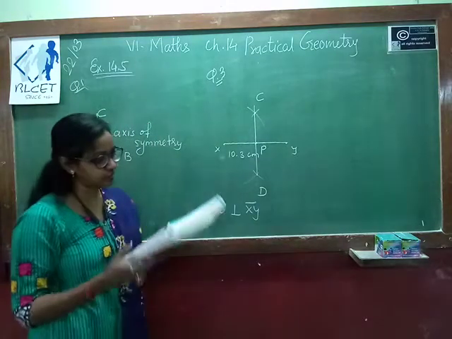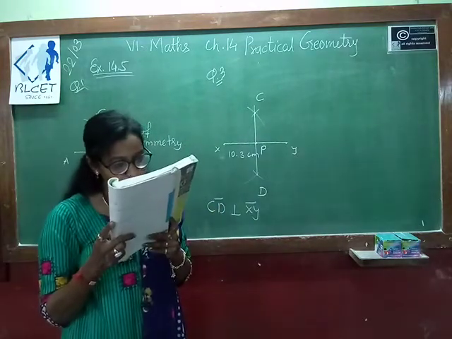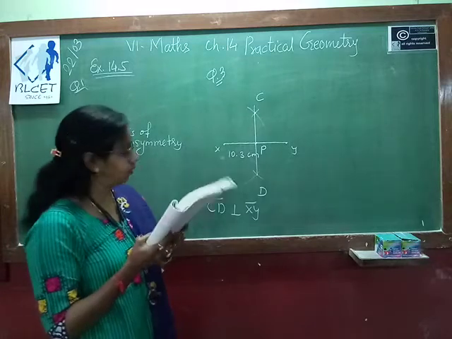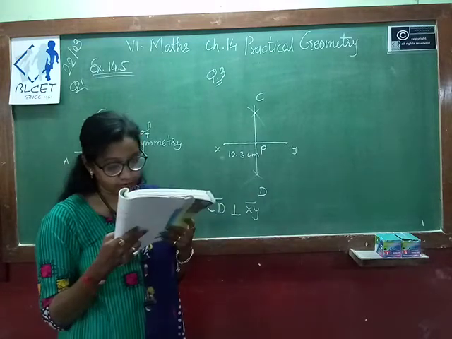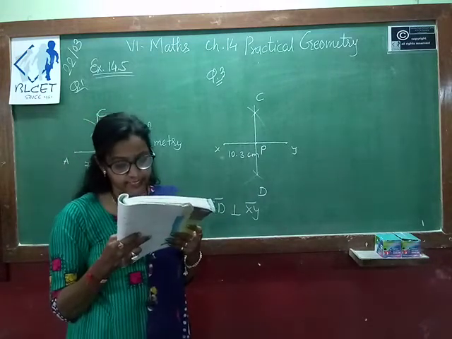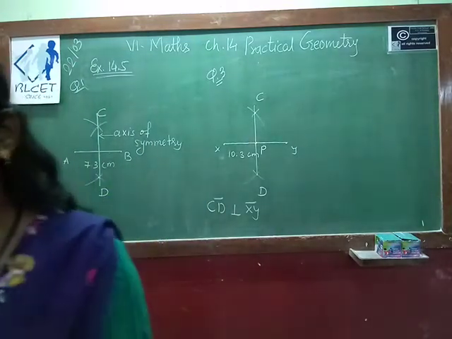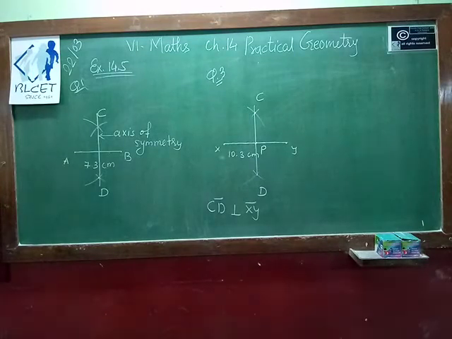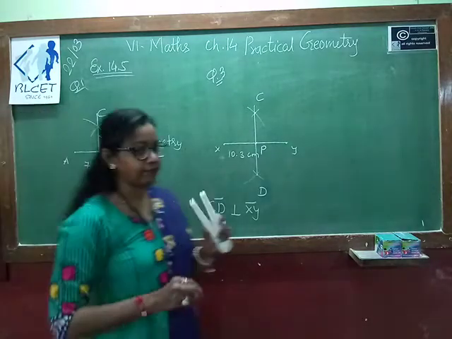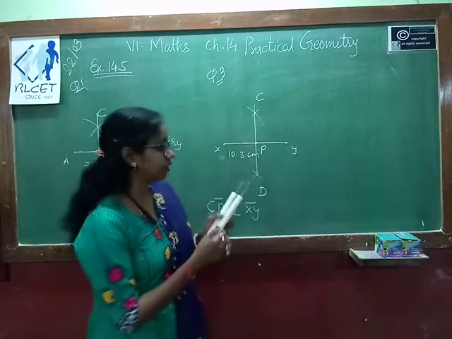Now what is the first part? Take any point P on the bisector drawn. We have taken. Now examine whether PX is equal to PY. This time we have to use a divider. We will not use a ruler, we will not measure any length, we just take the help of a divider.